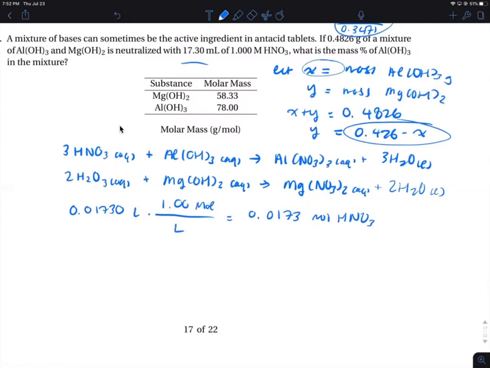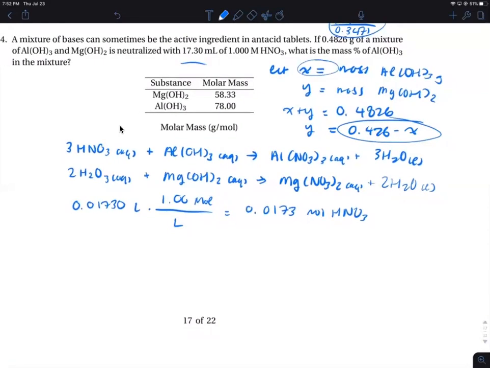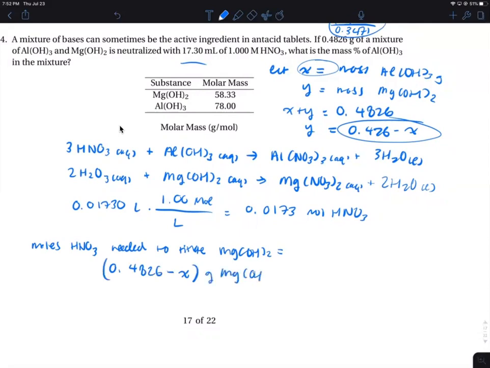So the number of moles required to titrate Mg(OH)2 is going to be 0.4826 minus X, so this many grams Mg(OH)2, times, so we're given the molar mass, 1 mole is 78 grams.